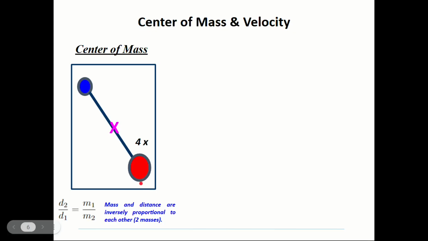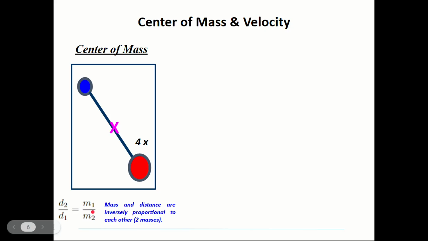So what does this mean? If I look at this relationship quite carefully here, I'll see that for a bigger mass, let's say, for instance, that the red mass is the bigger one, and I'll call this M1, I can see that M1 is going to be bigger than M2, being the blue mass.